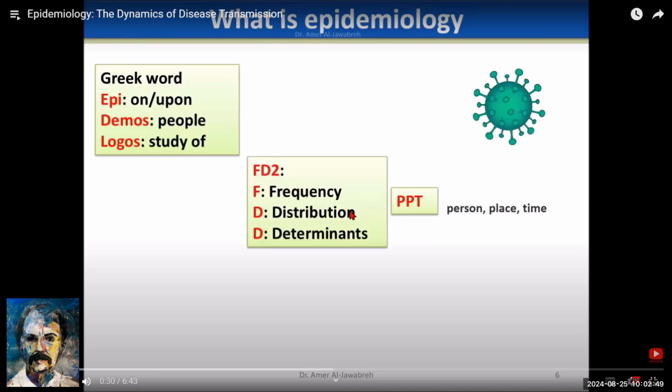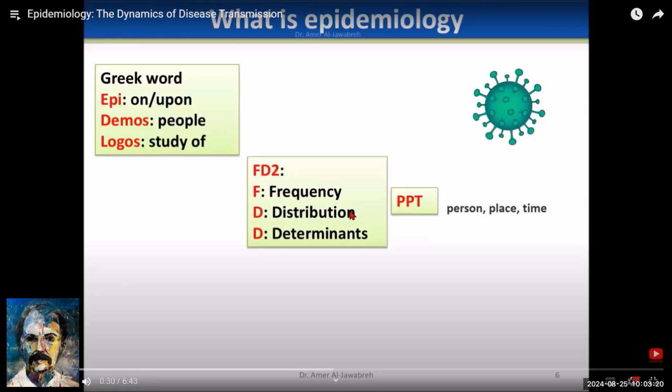The place also plays a role. What do I mean? A disease like malaria is mainly in Africa. Malaria is an African disease. According to WHO, 94% of the cases of malaria occur in Africa. So place. Lyme disease occurs in Canada and North Europe. Lyme disease, borreliosis, is caused by Borrelia burgdorferi and other species.